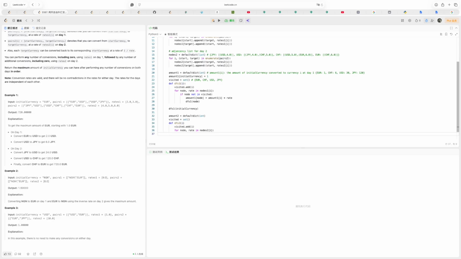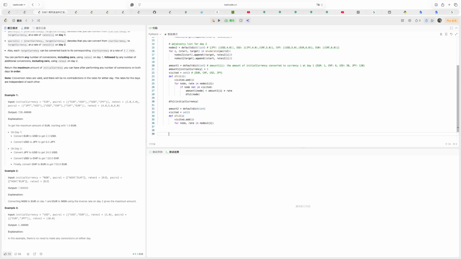Wait a second, and for entry, I think we have to for loop. I think we have to for loop the dictionary of amount 1.